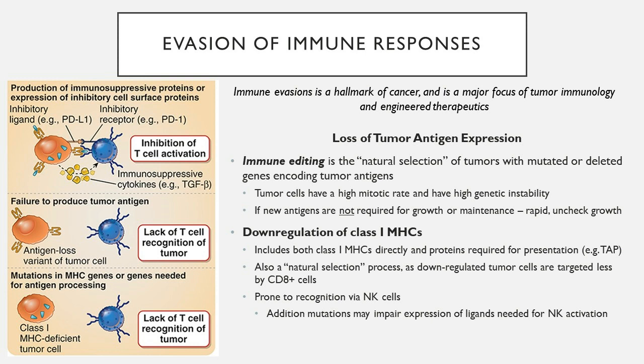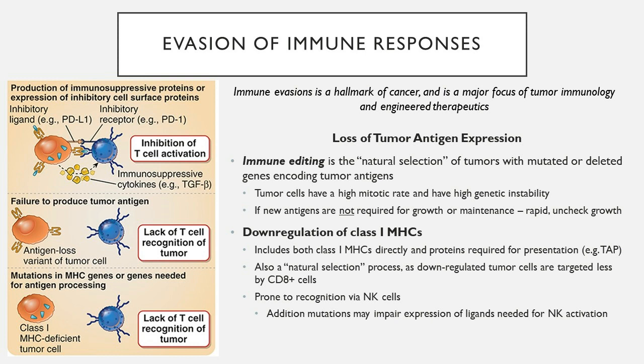This in itself is also a natural selection process, as the cells that express the class 1 MHCs are targeted less by CD8 plus cells as opposed to their clonal brothers that do express those and then do get targeted and killed by CD8 cells, leaving these downregulated ones the only lasting ones. And as we discussed before, cells that downregulate the class 1 MHCs lose the natural inhibitory mechanisms to natural killer cells, so these types of cells are also prone to recognition by natural killer cells.